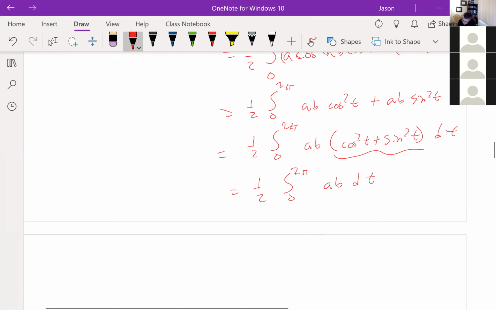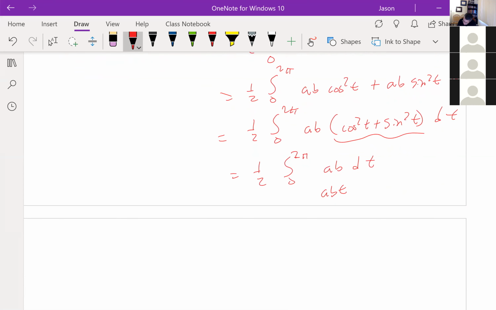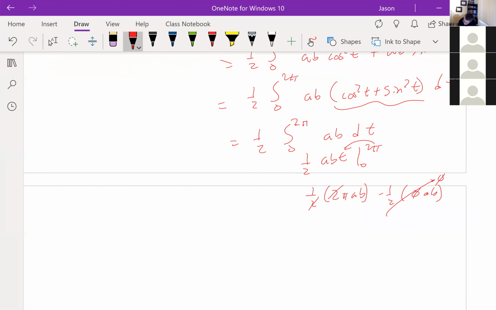Let's integrate that. That's just ABt from 0 to 2 pi, times 1/2. Plug in the 2 pi: 1/2 times 2 pi AB, minus 1/2 times 0 AB. That goes to 0. The 2's cancel out, and I'm left with pi AB.